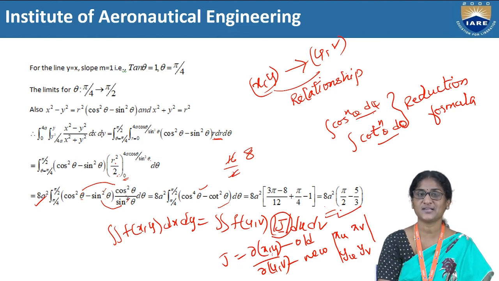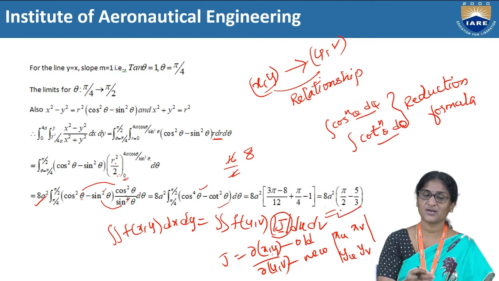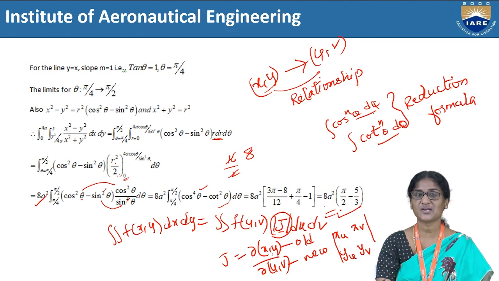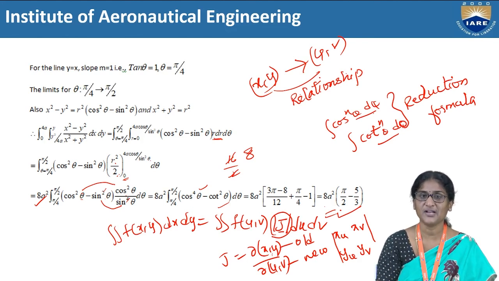That is order changing. That means when the question is given in Cartesian form, you do the problem in Cartesian itself. But in changing the variables, the field is completely changed. If the question is given in Cartesian, you convert to some other field, that is a polar field, or some other new field, that is u comma v.